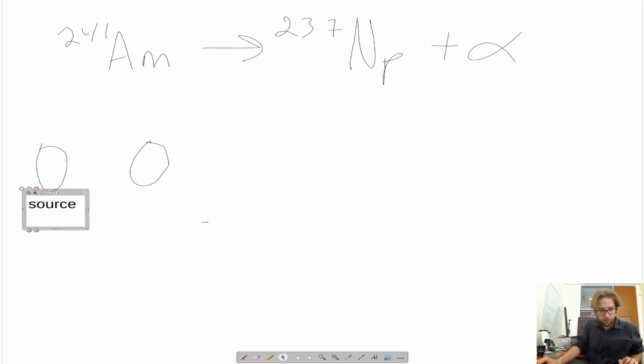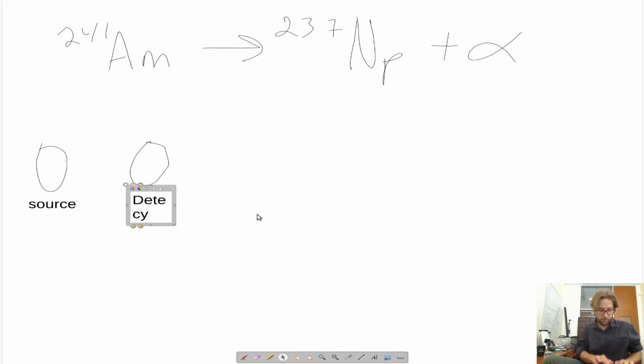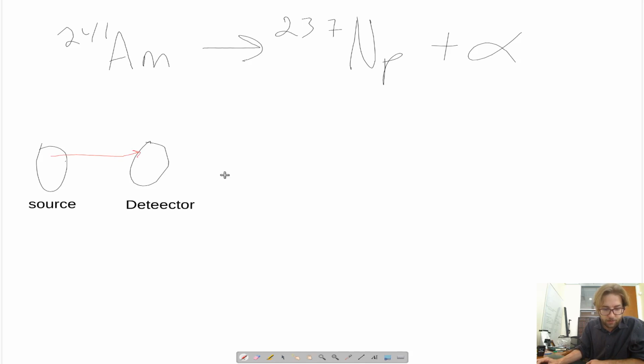Source and detector. So yeah, you have a source and a detector here, and let's make the alpha particles red, and so they go directly from the source to the detector. Okay.